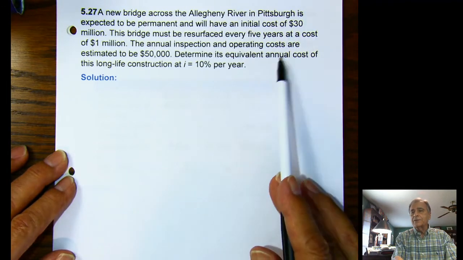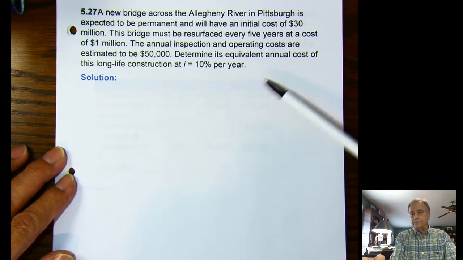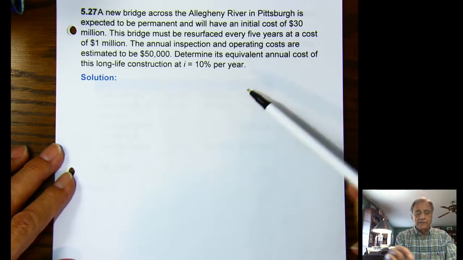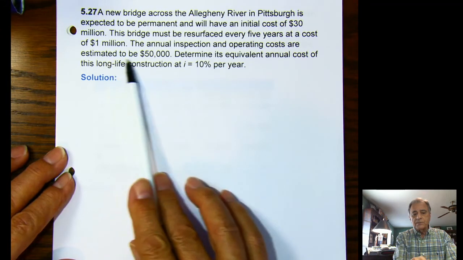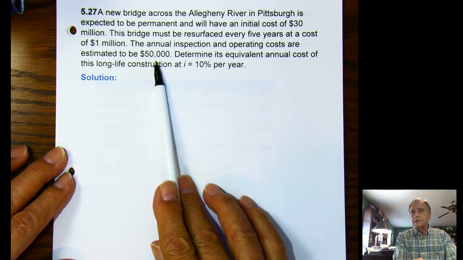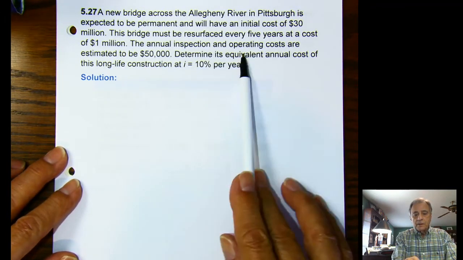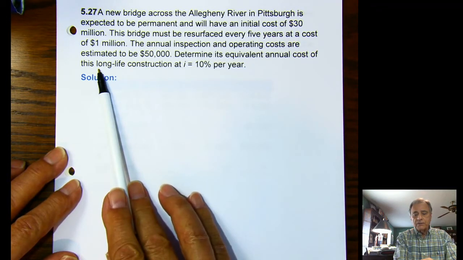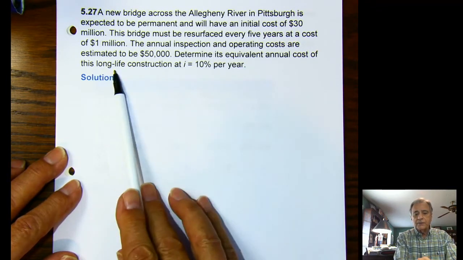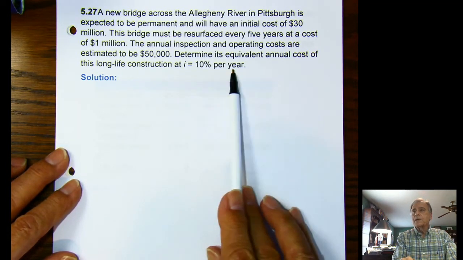Then again after 10, 15, and so on for as long as the bridge is there. The annual inspection and operating costs are estimated to be $50,000 a year. So this is an annual series. Determine its equivalent annual cost of this long life construction at 10% per year.